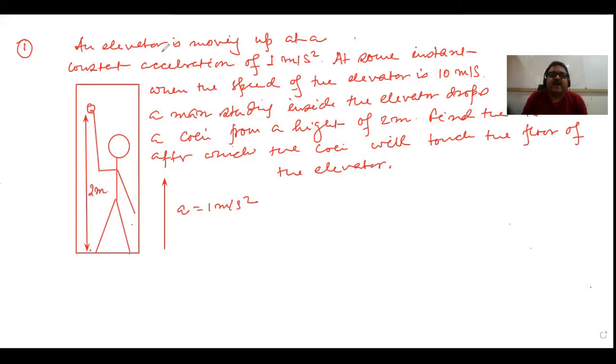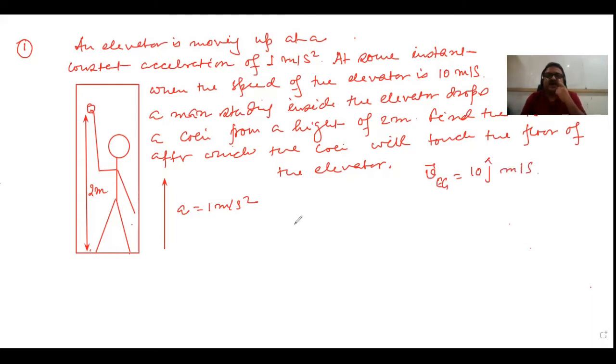Look, an elevator is moving up at a constant acceleration of 1 meter per second square. This is the direction given. At some instant, when the speed of the elevator is 10 meter per second, this is with respect to the ground. So velocity of the elevator with respect to the ground, elevator is moving up, so it is 10 j cap meter per second.